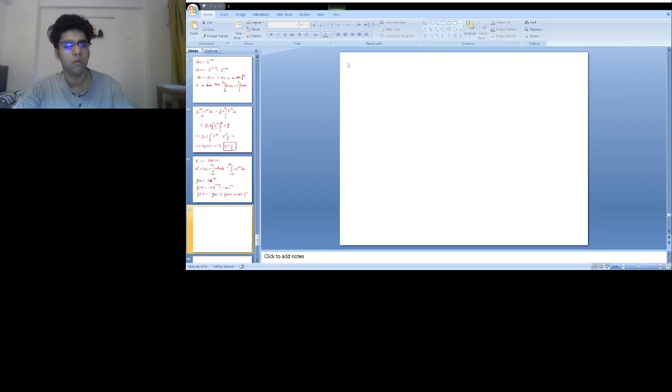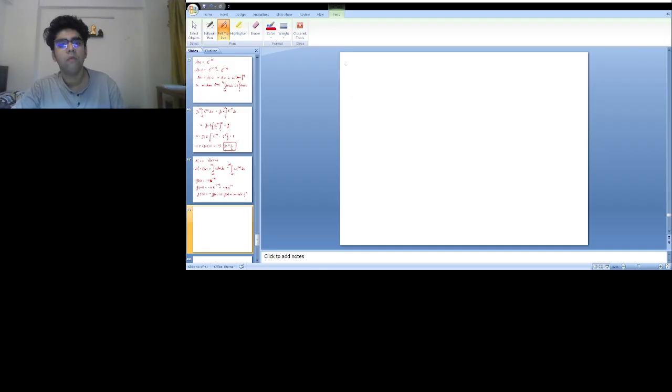Also, we have a property that any odd function, when integrated from minus a to a, is equal to 0.